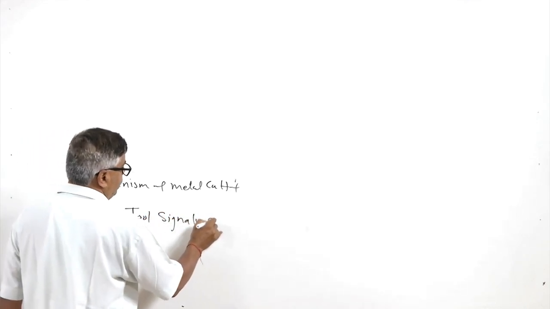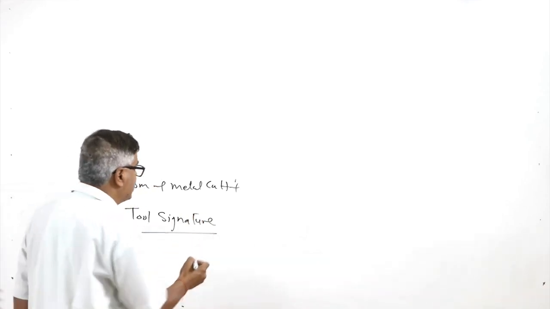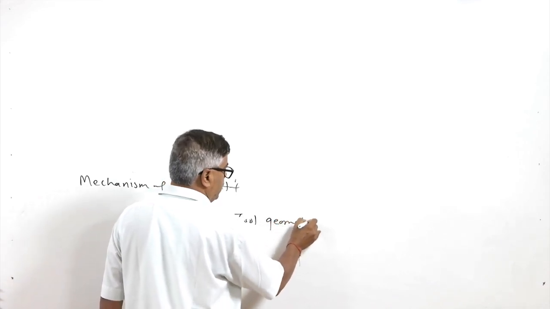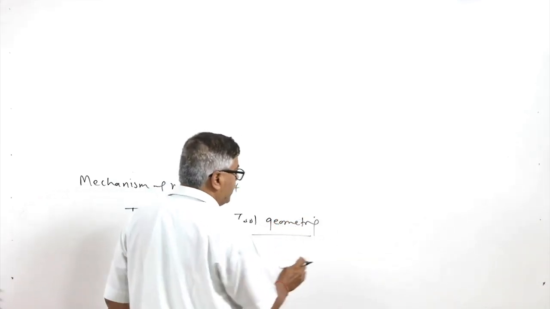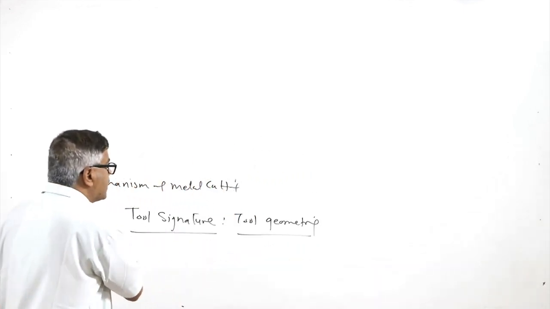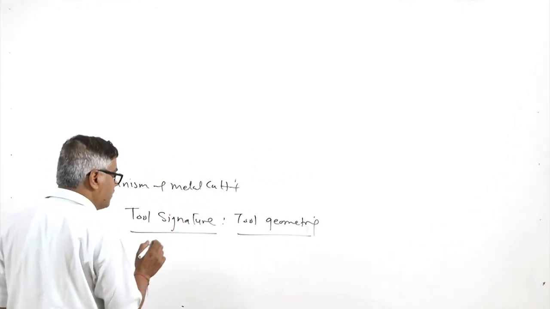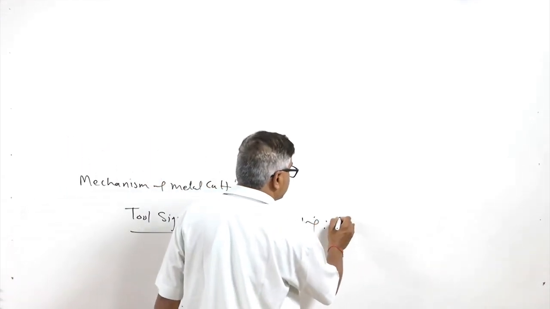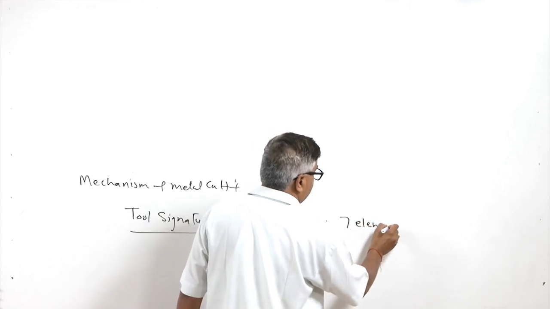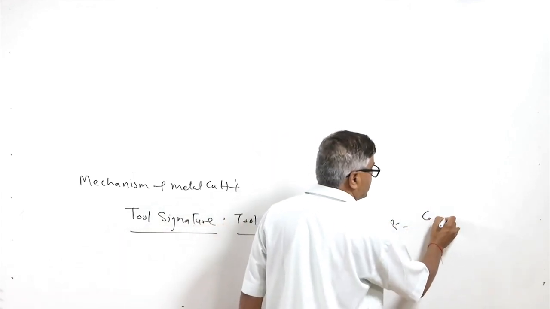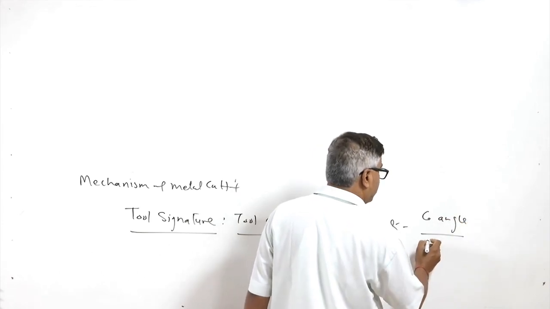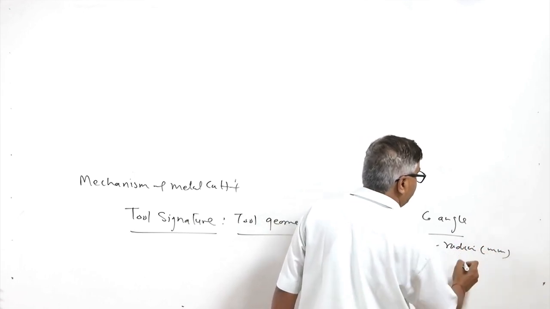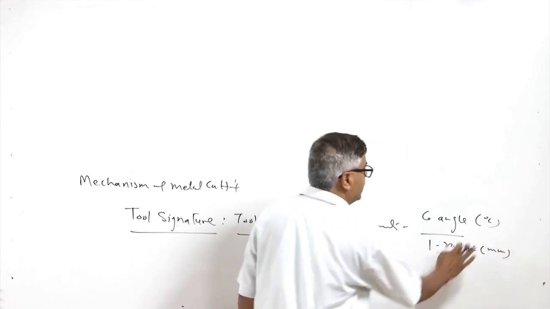Tool signature indicates the tool geometry of a single point tool, wherein the different angles and the nose radius are written in a specific sequence. Tool signature comprises 7 elements, wherein we have 6 angles and 1 radius. The radius is written in mm and angles are written in degrees.